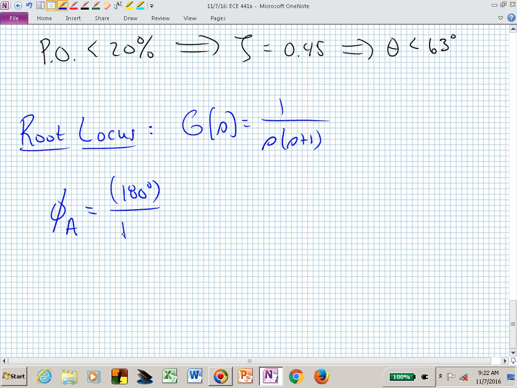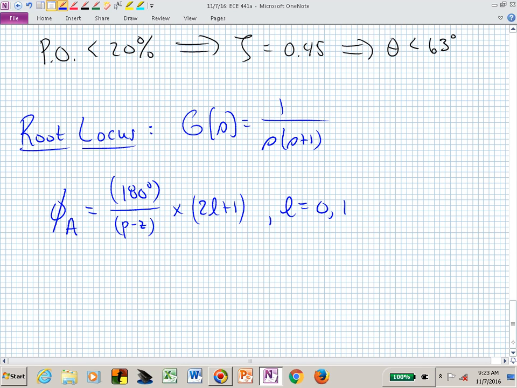Their fundamental angle is defined by 180 divided by the pole zero excess. And we can now say that we want to iterate through little l up to p minus z minus 1, which in this case is 2 minus 1, or up to 1.